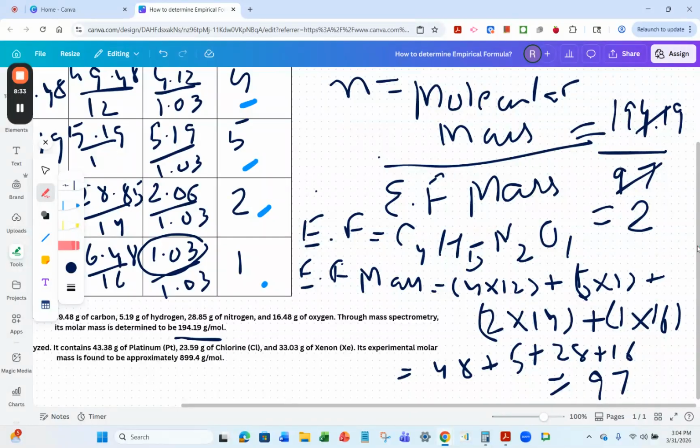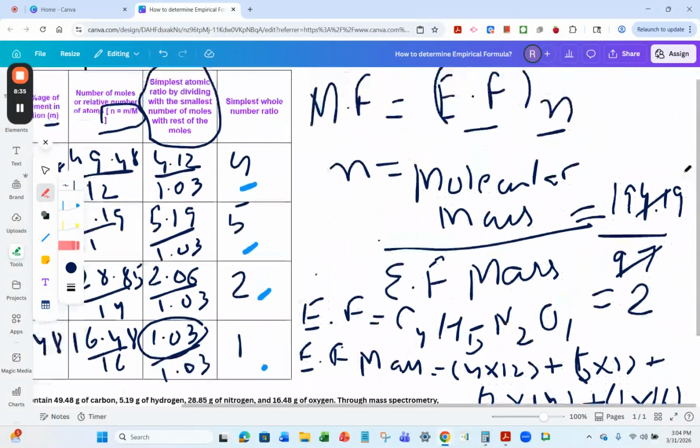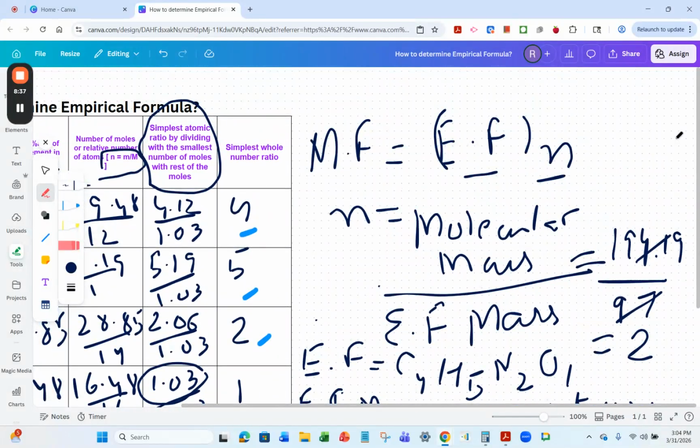Let's make your molecular formula. Here we go. I'm going to write here. So empirical formula is C₄H₅N₂O₁, and my N is 2.